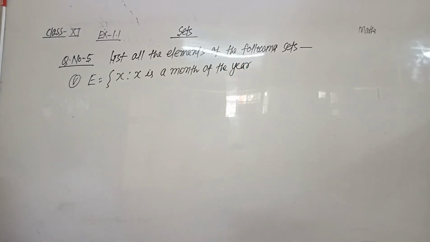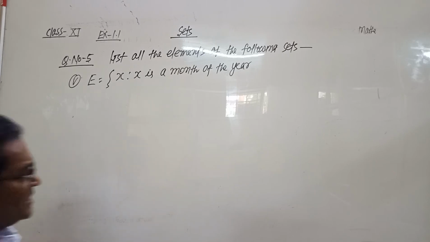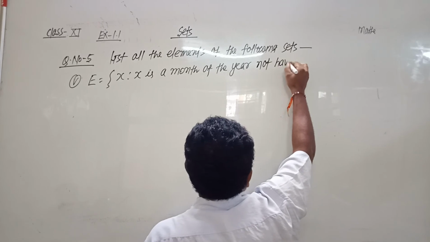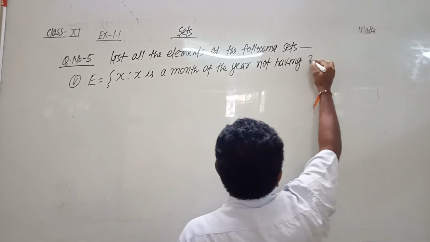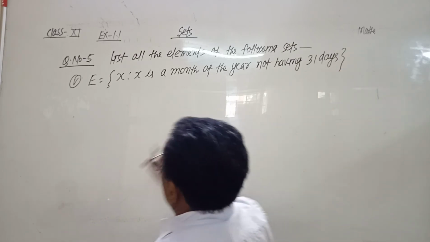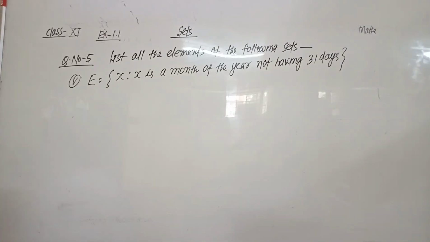X such that x is the month of the year, not having 31 days. We have to name the months which do not have 31 days.